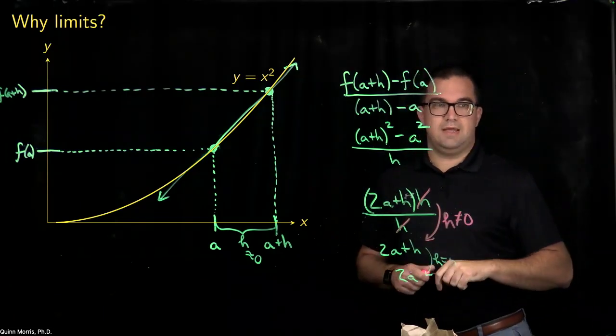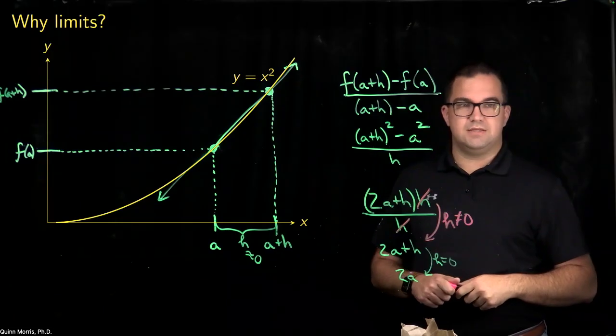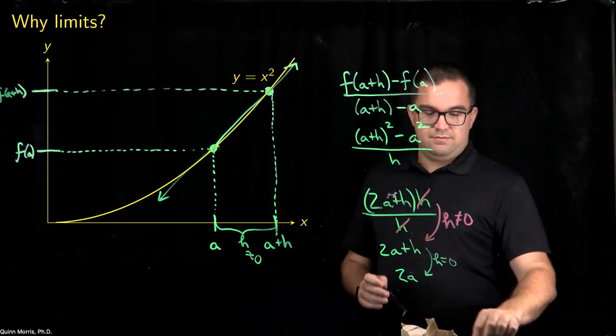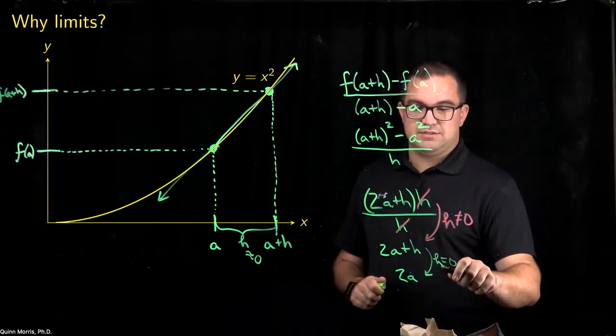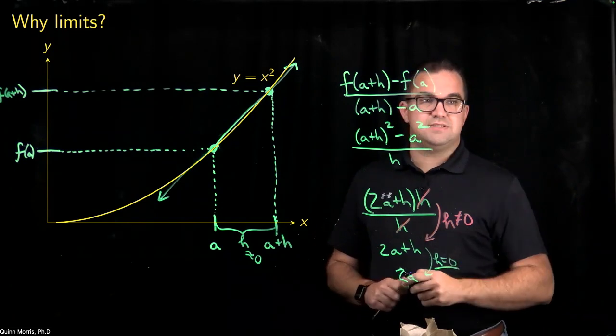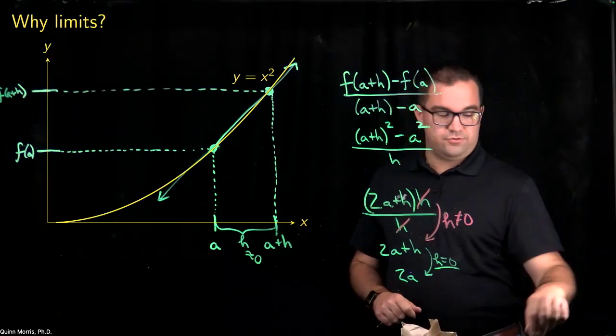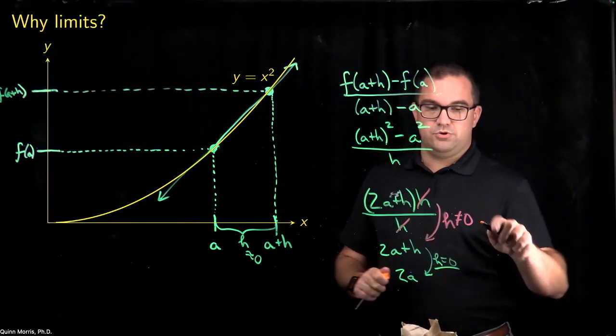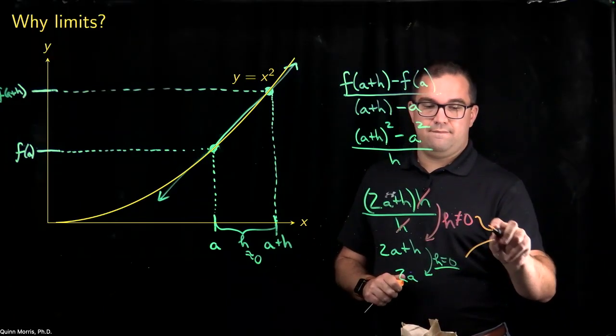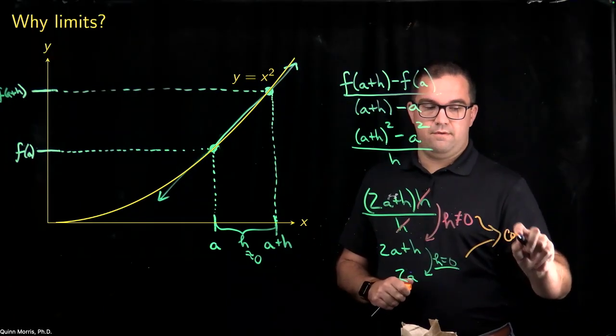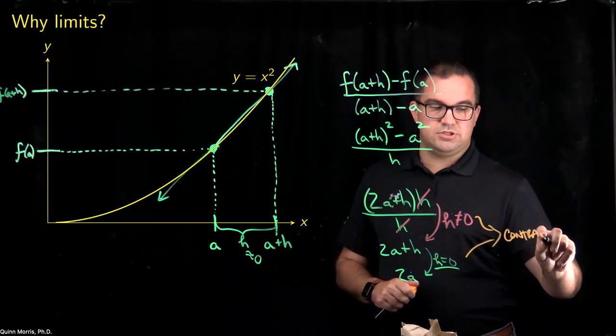I can only cancel an h in the numerator and denominator if h is not zero. But then in the next step, I make the assumption that h is zero. So I have a problem here because I've assumed two contradictory things. I have assumed both that h is not zero and h is zero, which is a contradiction.